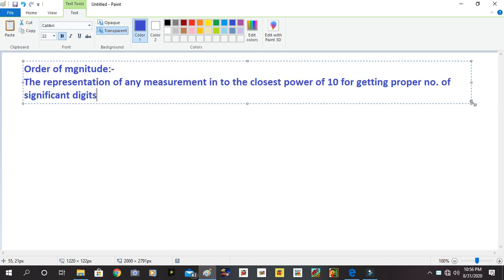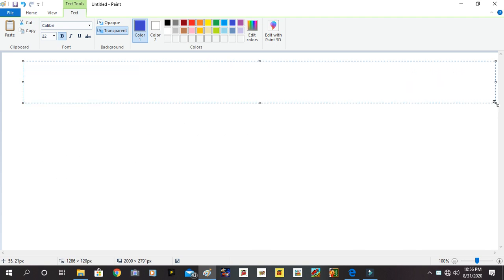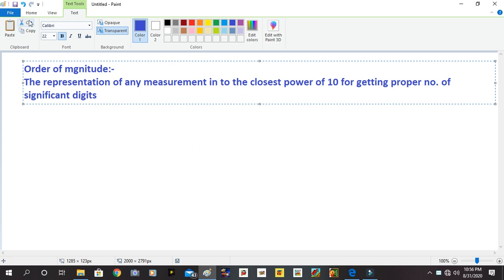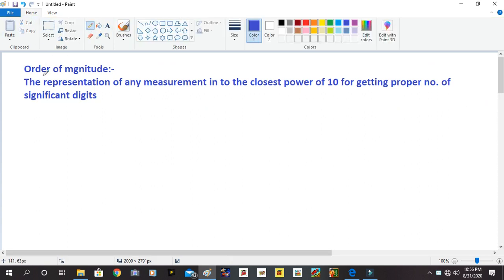Now definition-wise you may feel that it is somewhat difficult, but when we discuss it, it is very simple.